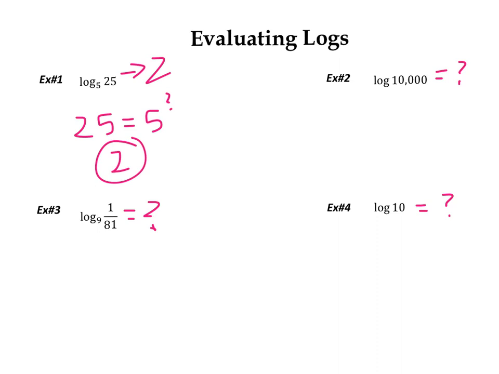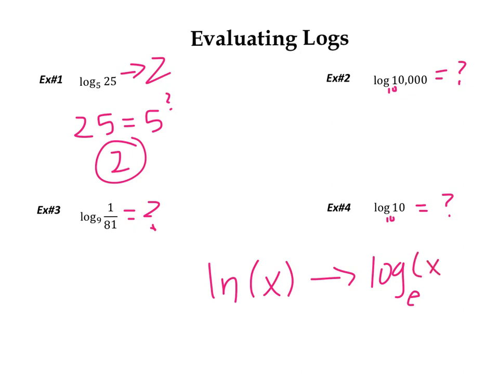Log of 10,000. Now, if you remember back to a few slides ago, we said that when there's no base, there's assumed to be a 10 down there because it's the most common type of log, right? If it doesn't have a base, it's assumed to be 10. If we have a natural log, say natural log of x, you can convert it to saying log base e of x.